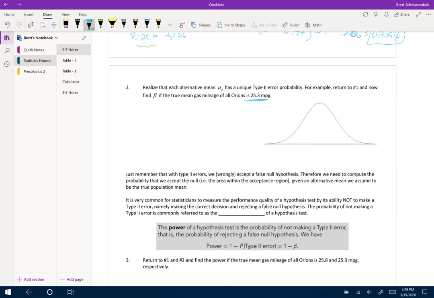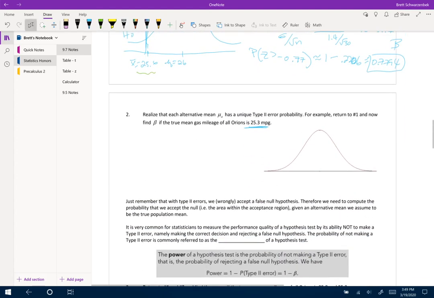So this is saying find this type 2 error probability, returning to number 1, same problem, right? But they're saying do it as if the alternative mean was 25.3. So it should make sense that the type 2 error probability is going to change if there's another mean, because think about it. Let's say our new mean is 25.3. So this is our alternative mean.